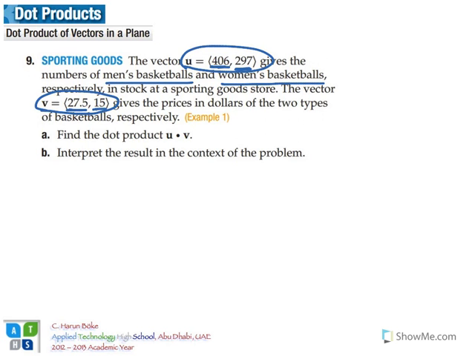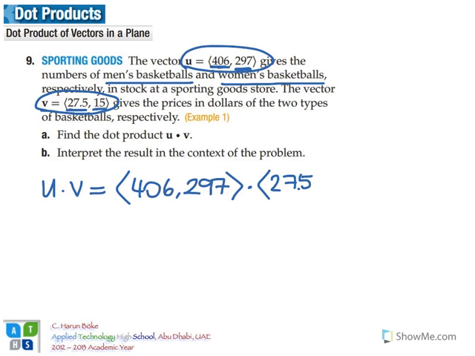So, in part A, it says find the dot product of u and v. So, we are going to write u dot v to be ⟨406, 297⟩ dot ⟨27.5, 15⟩. Okay.